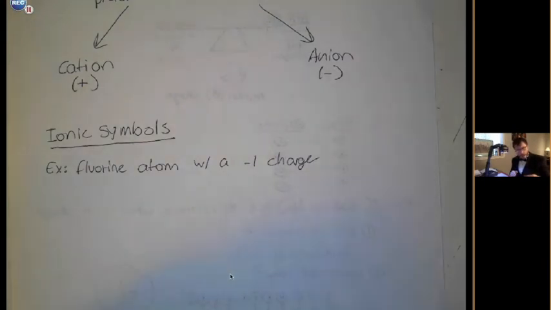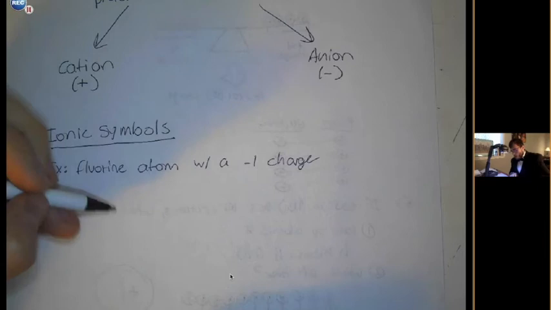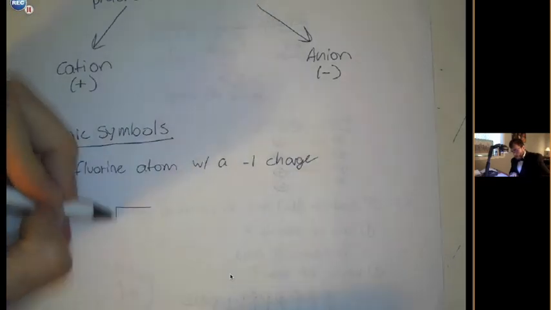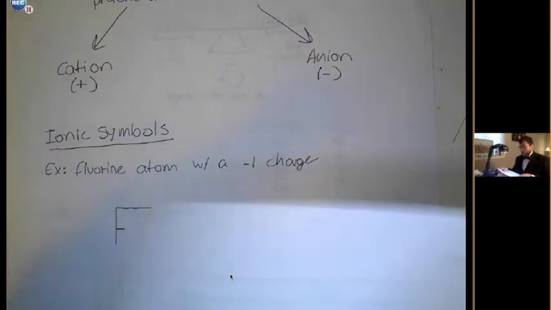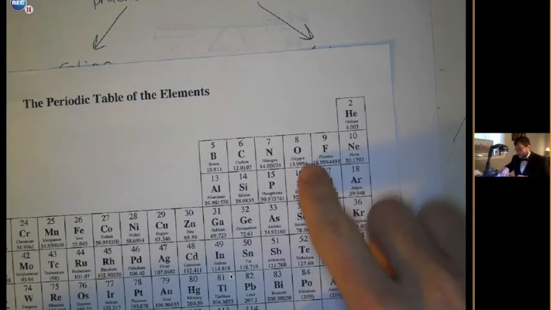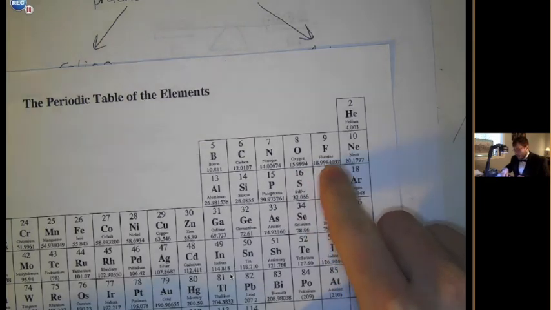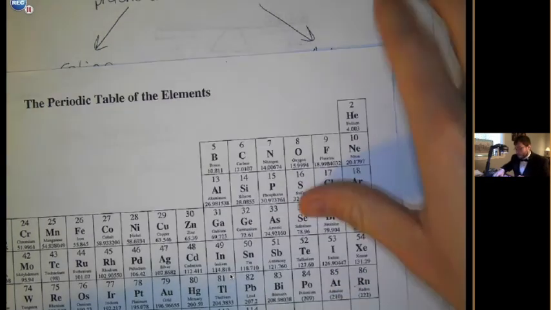The answer here is really simple. All we have to do is write down the symbol. When we look up fluorine on the periodic table, it's number 9, and its symbol is just a capital F. That's it.